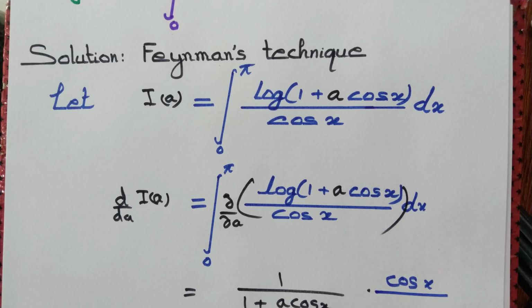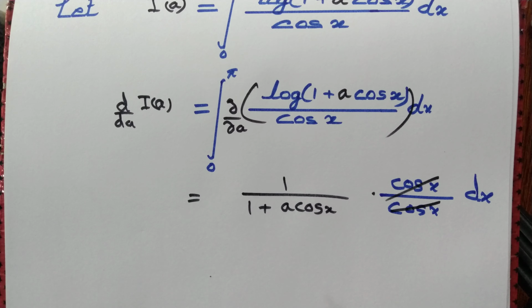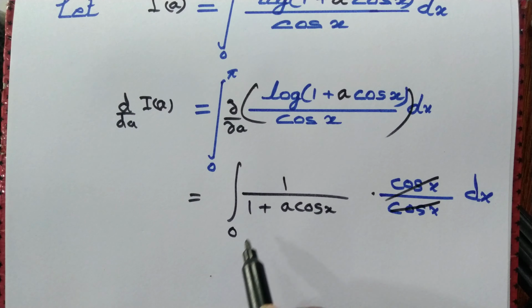We regard x to be a constant when differentiating partially with respect to a, so cos x is just a constant. We can cancel cos x out. When we cancel cos x, we get a much simpler expression. Of course, integration is from 0 to pi.